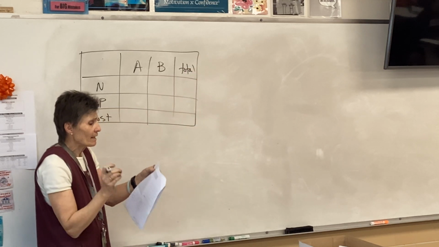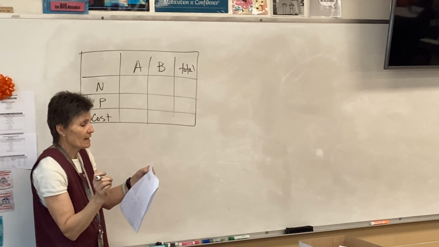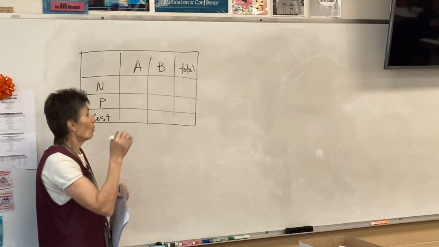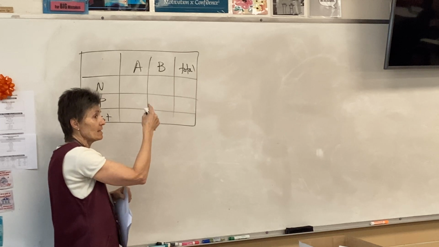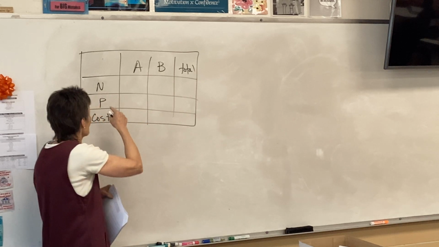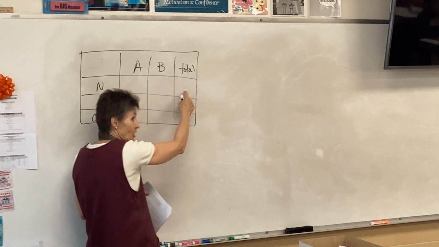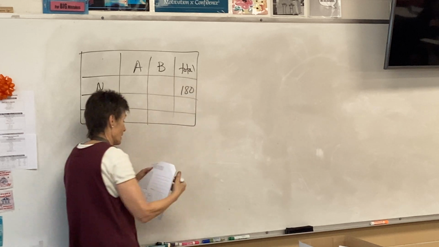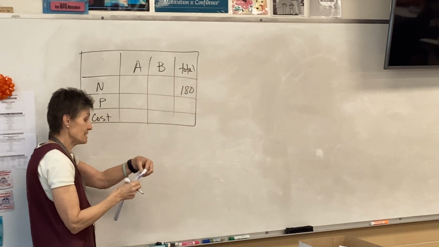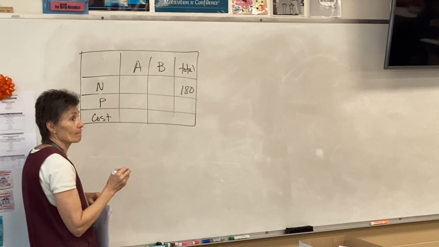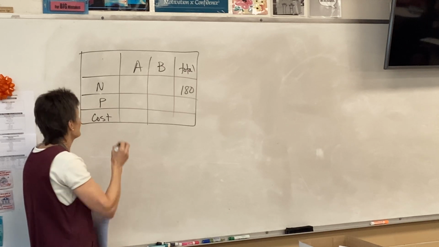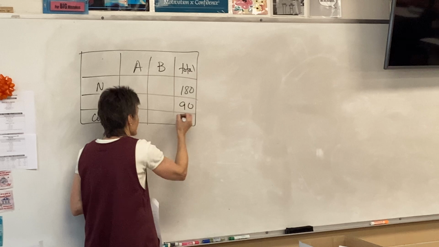We need at least 180 units of nitrogen. Where is that 180 going to go? Total. It's going to go in nitrogen total. Where is the 90 going to go? Total phosphorus.